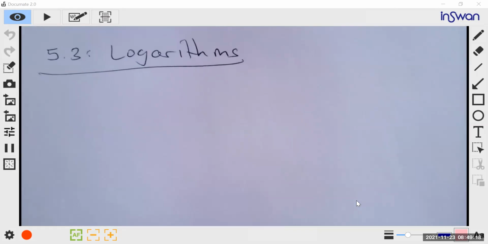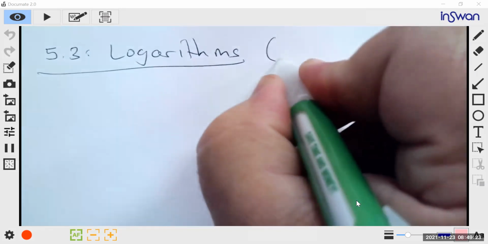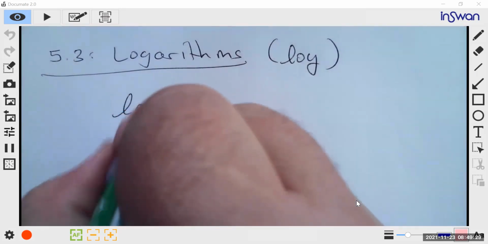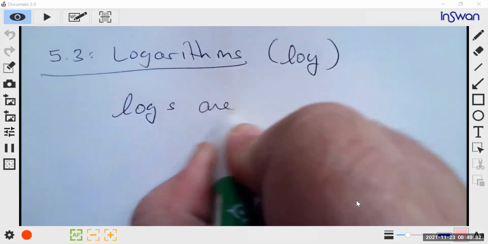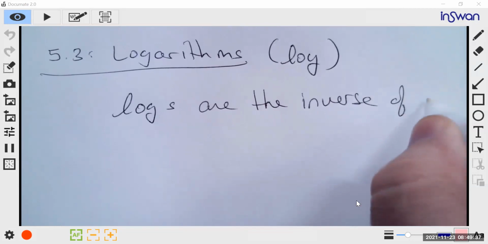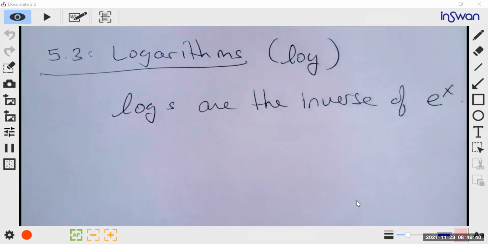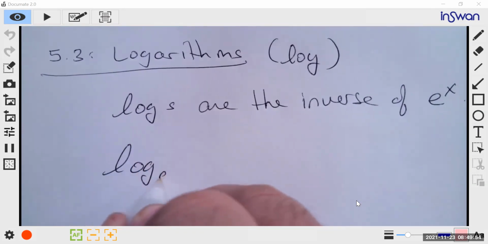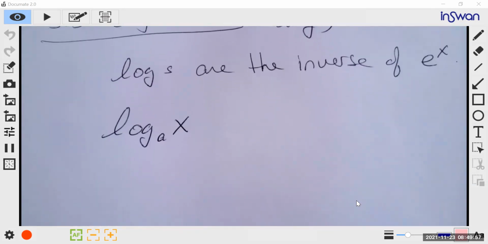Logarithms. Whenever you see the word log, that means logarithms. Logs are the inverse of exponentials. This is what it looks like.